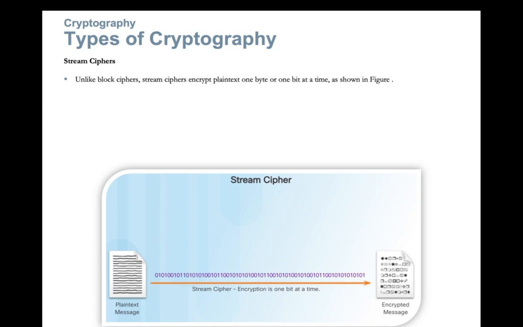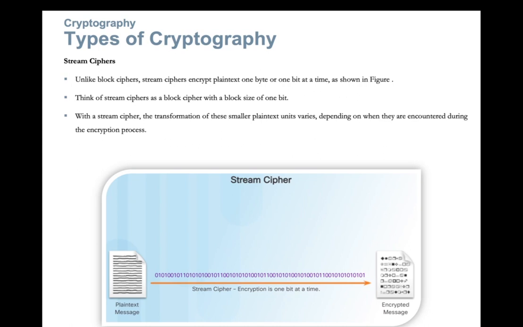With the stream cipher, the transformation of these smaller plaintext units varies depending on when they are encountered during the encryption process. Stream ciphers can be much faster than block ciphers and generally do not increase the message size because they can encrypt an arbitrary number of bits.